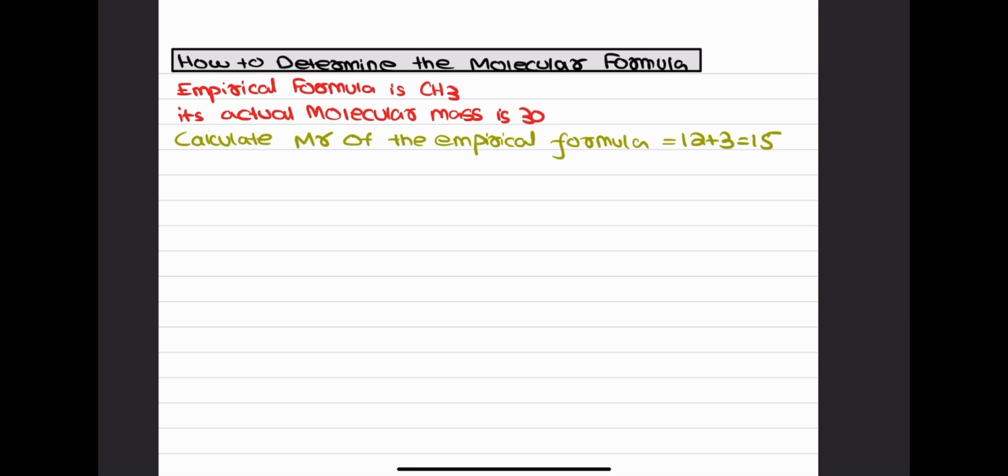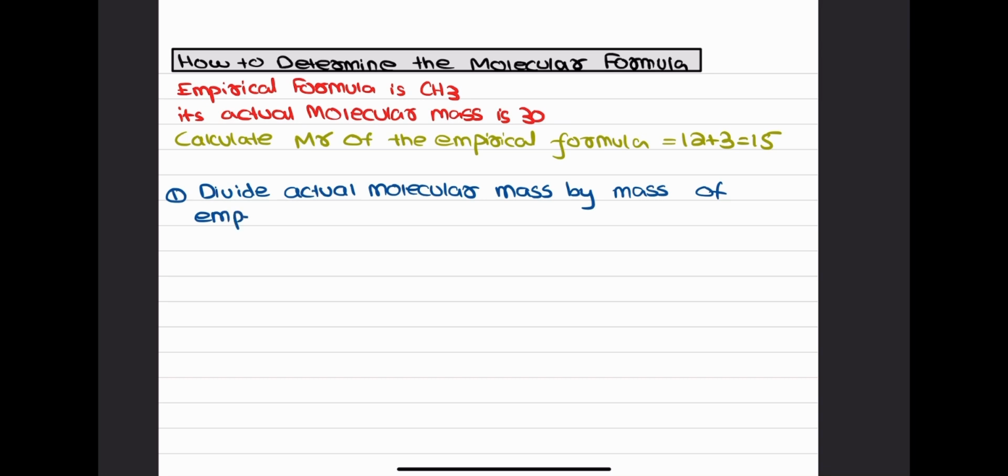So, what we will do now is, number 1, divide actual molecular mass by mass of empirical formula.